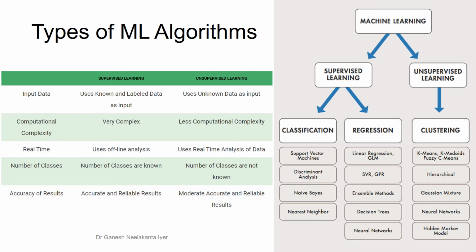And since supervised learning is supervised, you can expect high accuracy and high reliability. Whereas for unsupervised learning, you could expect slightly lower accuracy and reliability because after all it's learning by itself.